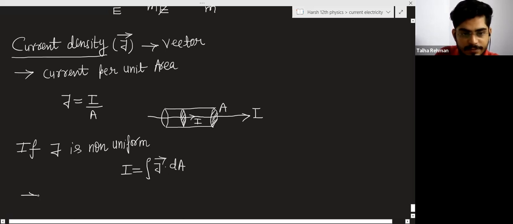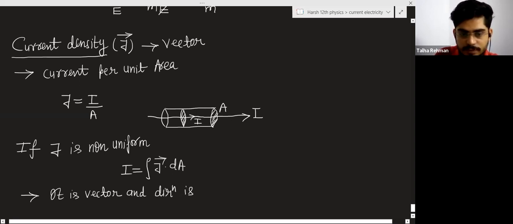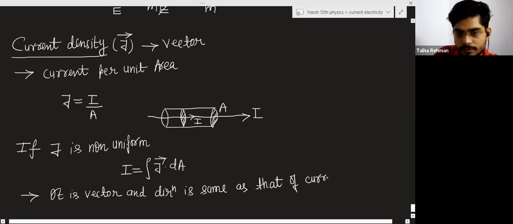Current density is a vector quantity, but current is not a vector quantity. The direction of current density is the same as that of current.